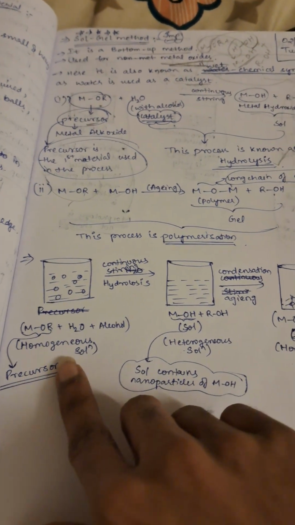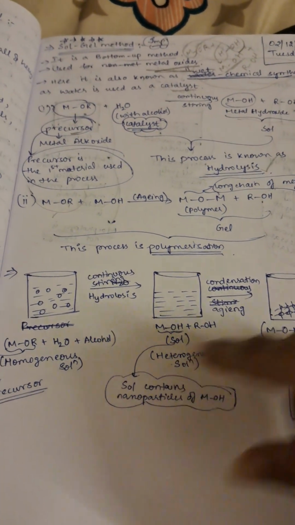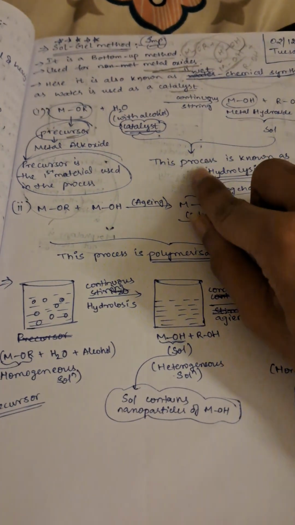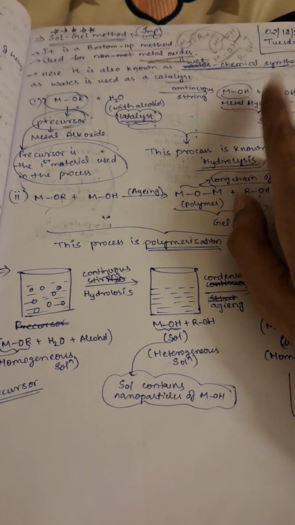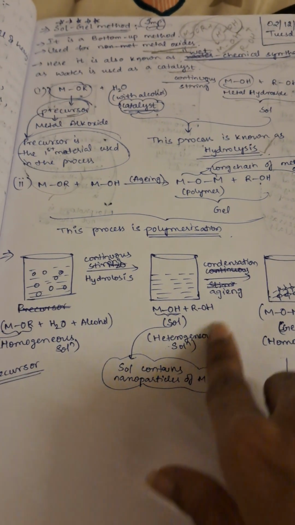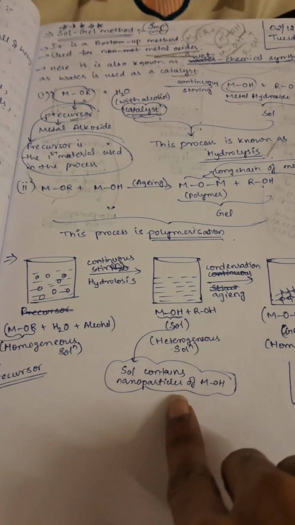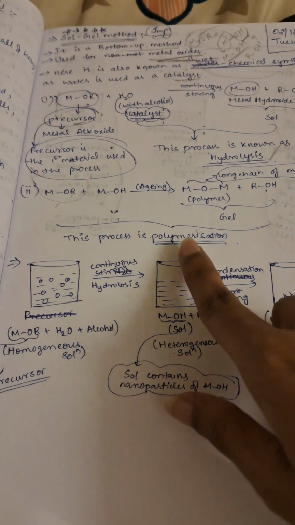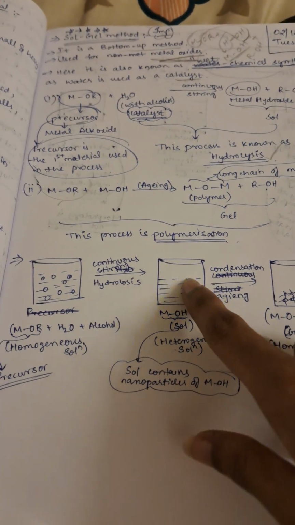Then a homogeneous solution is formed. Now you need to stir it continuously, then hydrolysis process will take place and metal hydroxide is formed plus ROH. So this is known as Sol. Sol contains nanoparticles of MOH. This is a Sol solution, which is a heterogeneous solution.